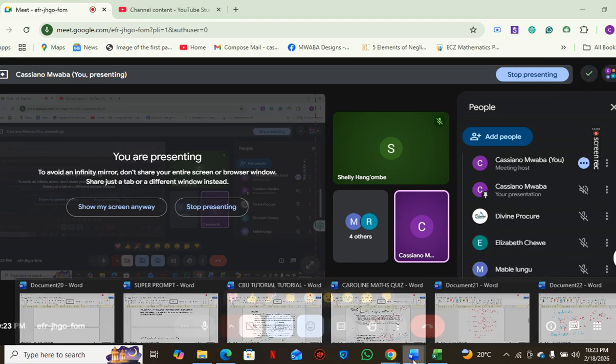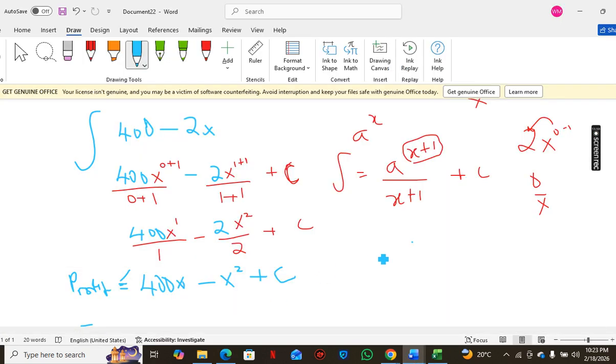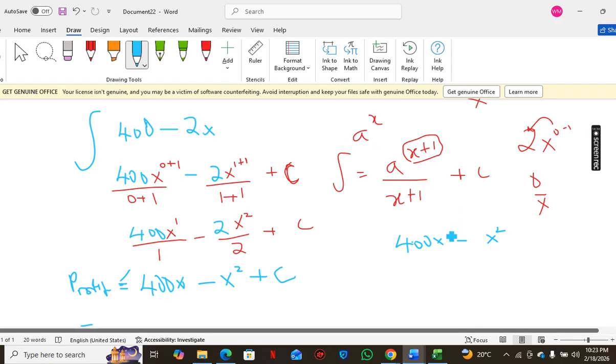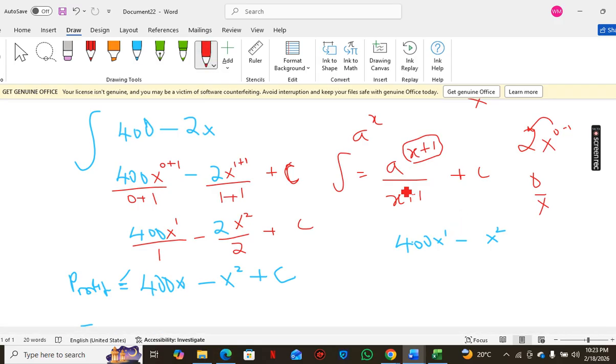So if we had to derive this profit function, 400x minus x squared, remember deriving this is 400x to the power 1. Multiply 1 by the number in front of the letter, 1 times 400, that is 400. You always subtract a 1 from the exponent, that is 0. So you have 400x to the power 0.